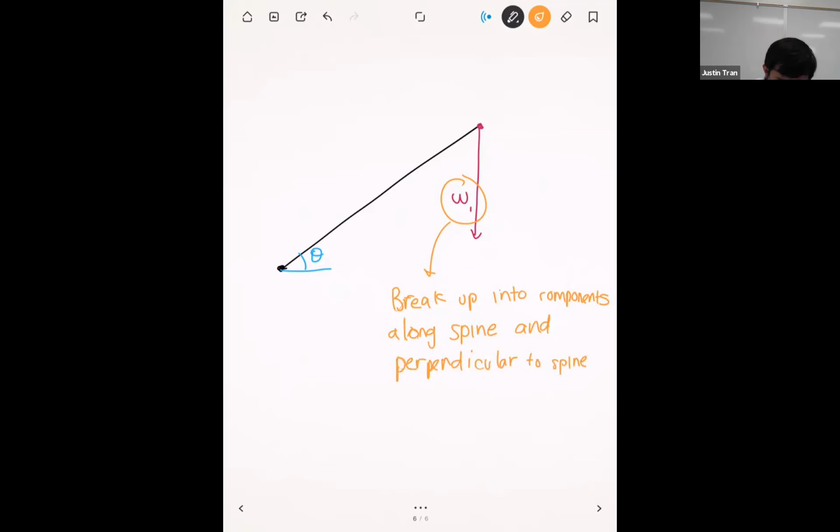We can see that the spine goes in a direction like this. Let's make a right triangle where one of the edges of the triangle is parallel to the spine, and that's what I've drawn here in this orange line.